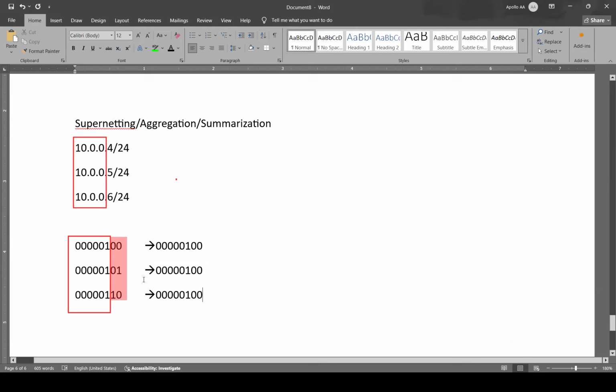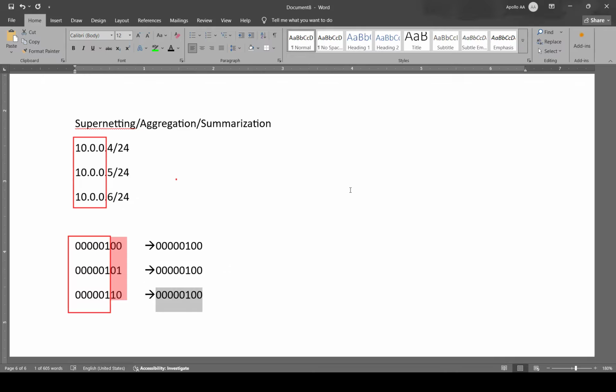Then with that, we compare this one with the subnet. You just come here and put down the last octet. We know the last octet is all zeros.